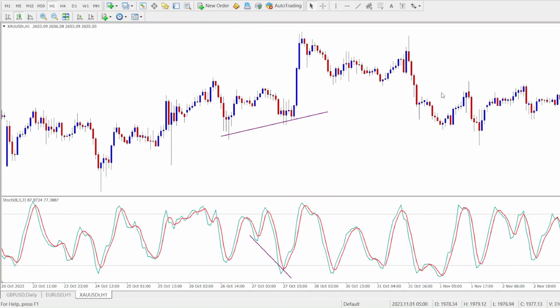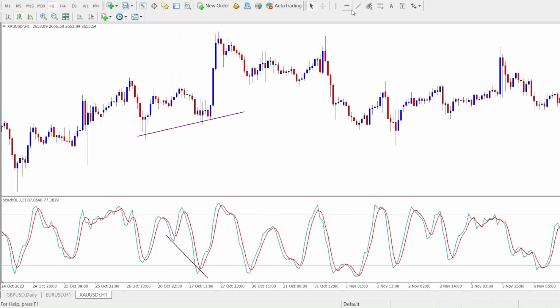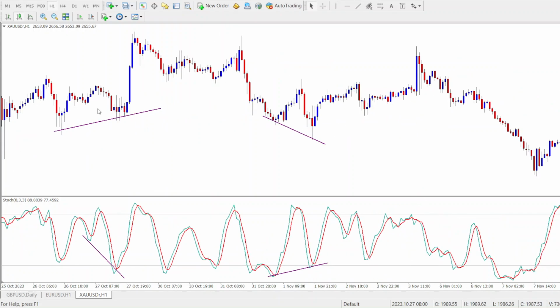You can see here that the price is making lower lows and the momentum indicator is making higher lows.